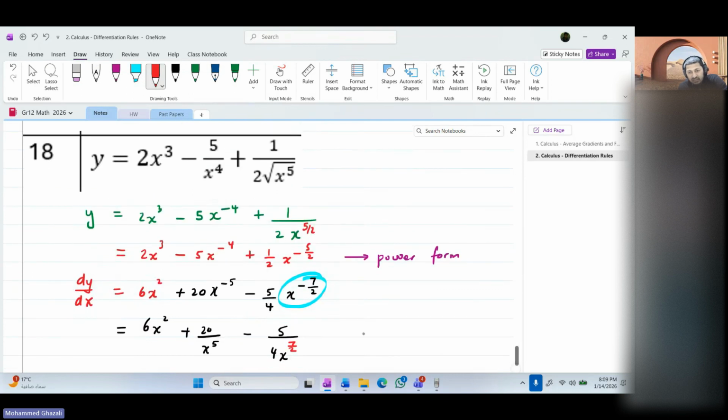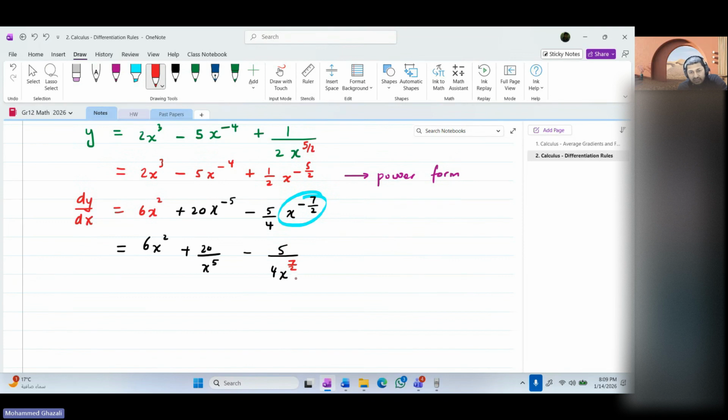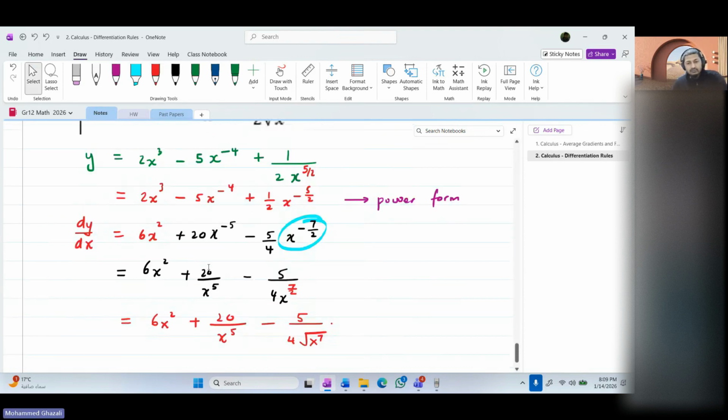The inside will be x to the power 7 and the outside will be 2. So you can also write it like this, 6x squared plus 20 over x to the power 5 minus 5 over 4 square root of x to the power 7, but it's not required. Okay.